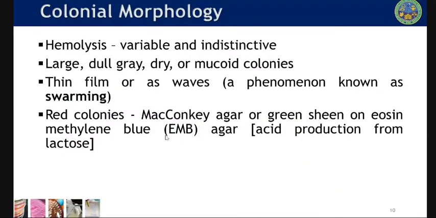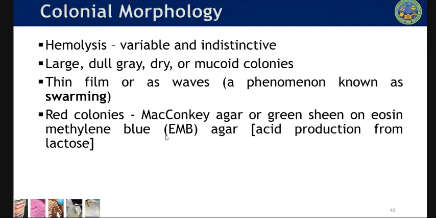One important thing that you should consider with regards to the identification of the genus of a particular bacteria under the family would be, well, for hemolysis, this is variable, and you cannot make use of this one to delineate or zero into what particular genus a particular isolate belongs.